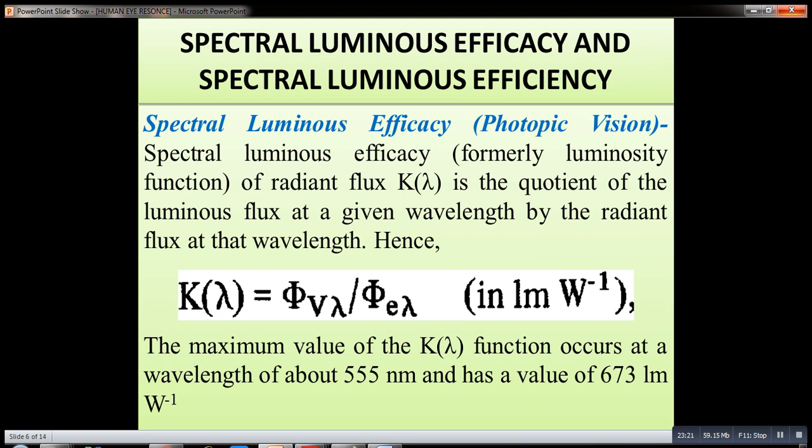Furthermore, the eye responds more to some wavelengths of light than others, even within the visible spectrum.